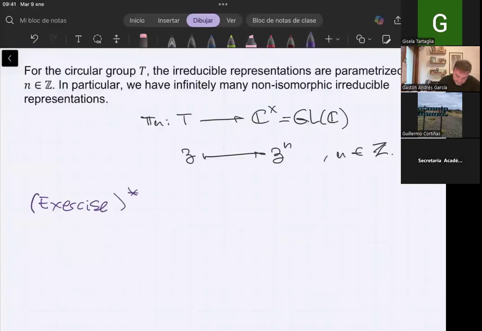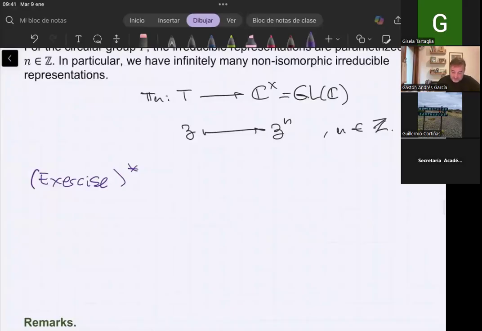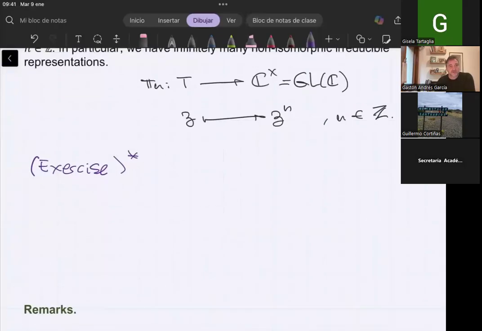We have to prove that any map from the circle group to C star, the invertible elements in C, is given by a power.